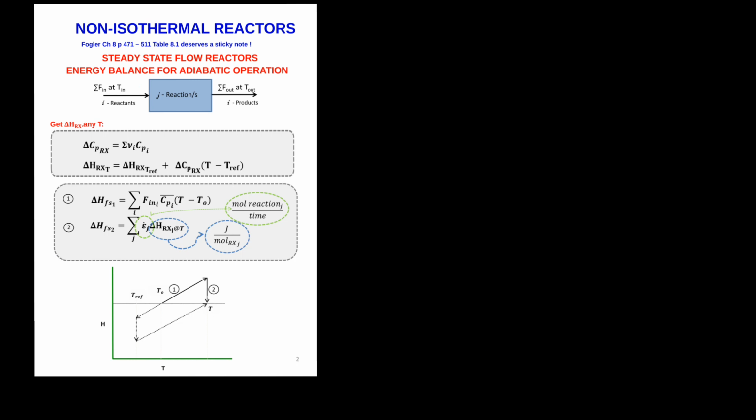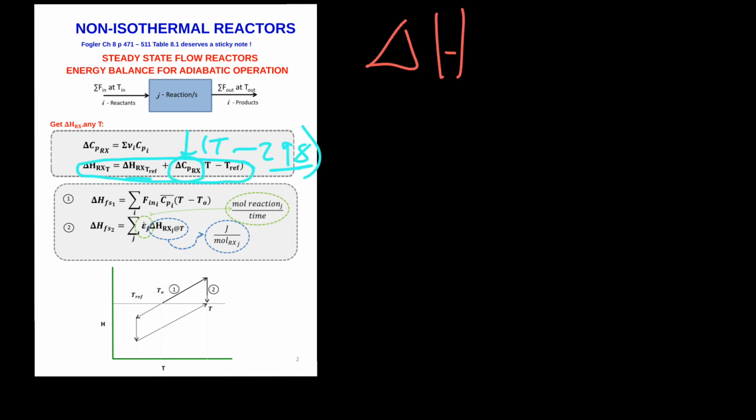So this slide, very important, I want to show you how to remind you how to get delta H reaction at any T from information that you have at 298 Kelvin.